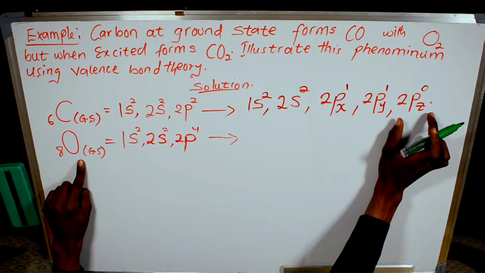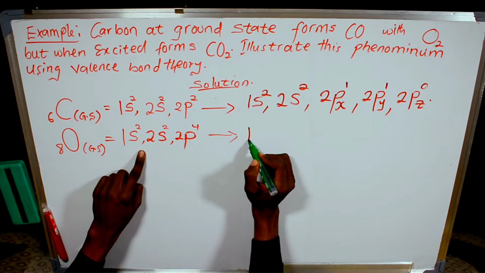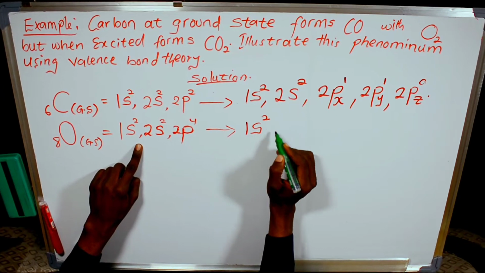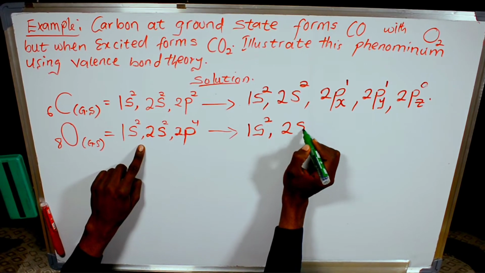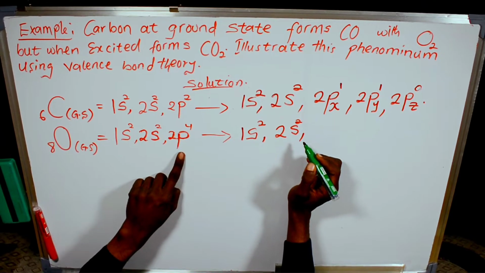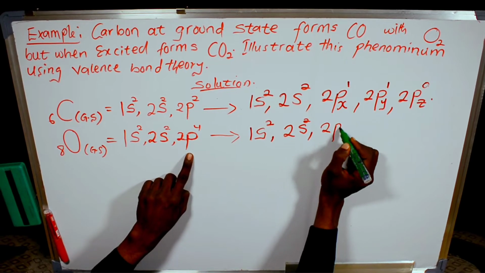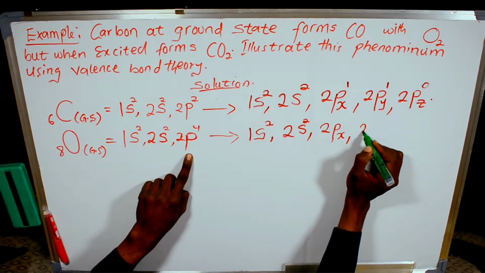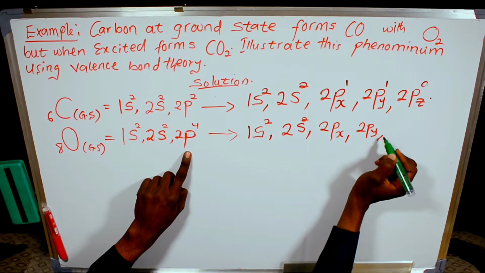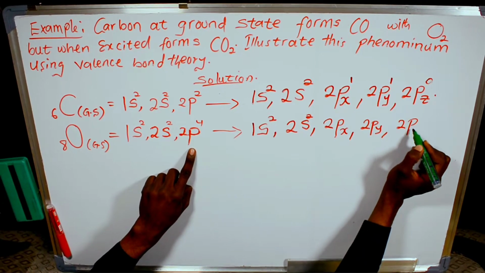So now we move to the oxygen. We have 1s2, no suborbital. 2s2, no suborbital. Then p, three suborbitals. That means 2px, 2py, and 2pz.